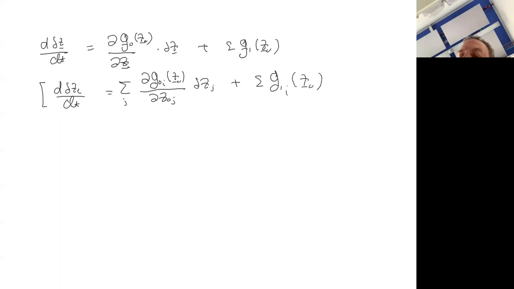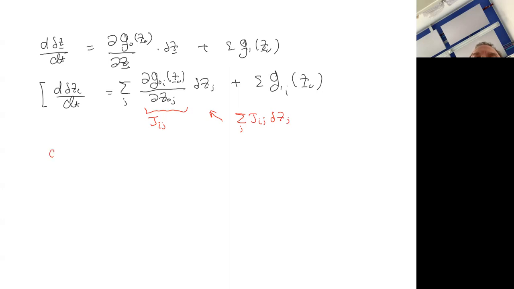Okay. And this quantity here is a Jacobian. So we're going to define this to be Jij. It depends on Z naught, but we're not always going to write that. So this term here is a sum on j of Jij delta Zj.